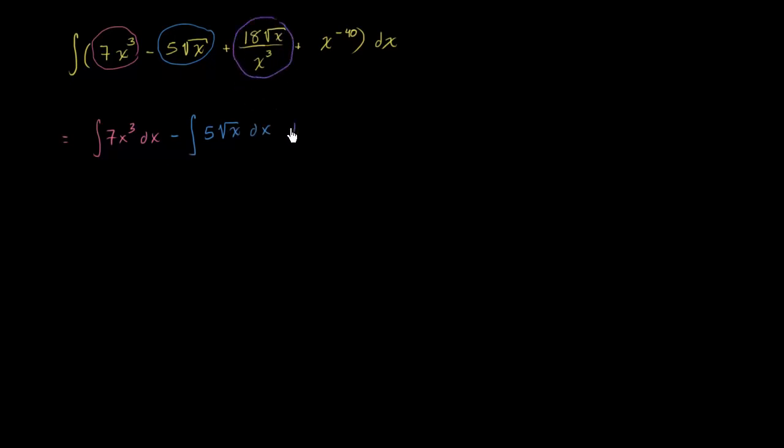So plus the indefinite integral of 18 square roots of x over x to the third dx. And then finally, I'm running out of colors here, we can take the antiderivative of this. So plus the antiderivative of x to the negative 40th power dx. So I've just rewritten this in color-coded terms.